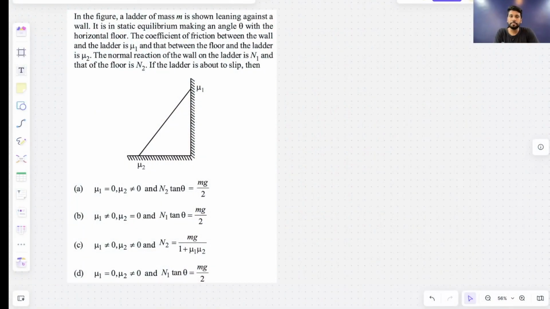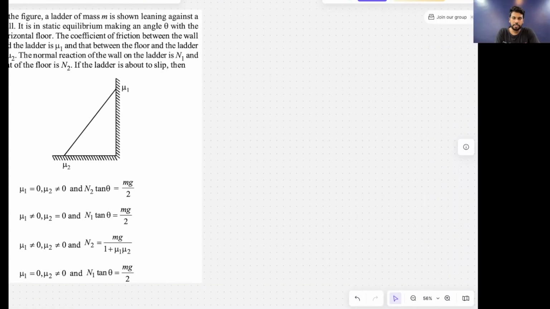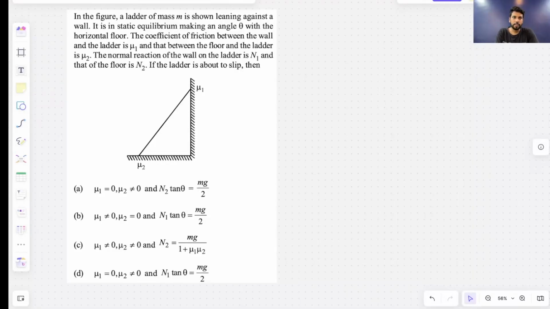Now here let me screen share and bring you one of the questions. If you are a student of 11th or 12th, you will be able to relate to it much more. Okay, so let me bring you to the question here. In this figure, a ladder of mass m is shown leaning against a wall. It is in static equilibrium, making an angle theta with the horizontal floor.